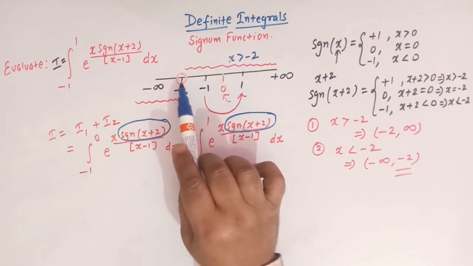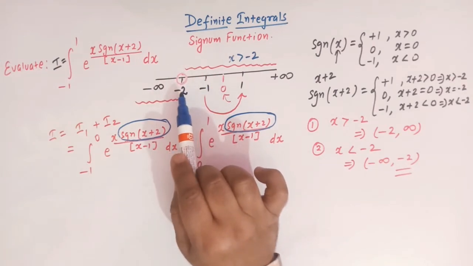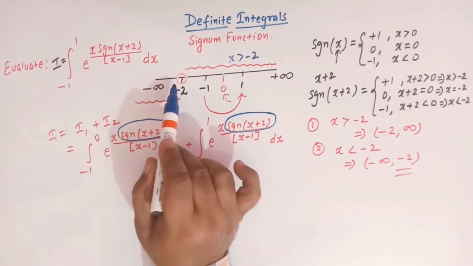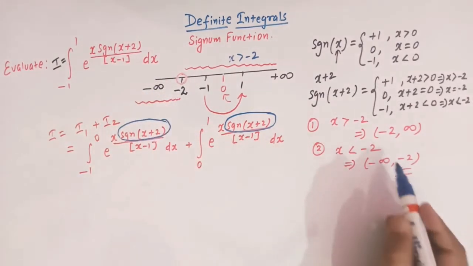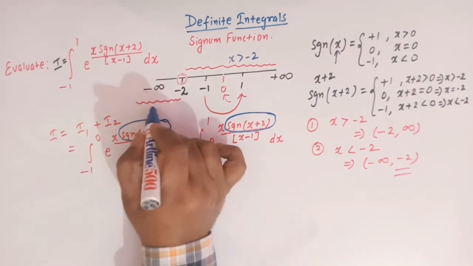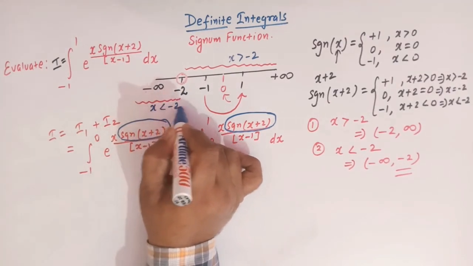All the values of x which lie in the interval -2 to infinity are greater than -2, and all the values of x which lie in the interval from -infinity to -2 are all less than -2, right?